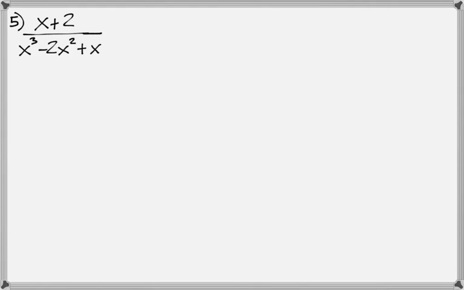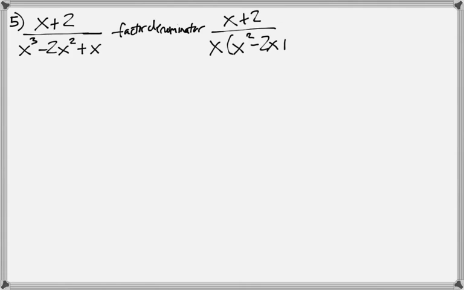On question number 5, we're trying to find the partial fraction decomposition. And our first step is to factor the denominator. So I can factor out an x, and that leaves me with an x squared minus 2x plus 1.